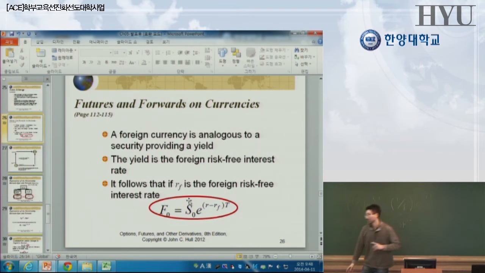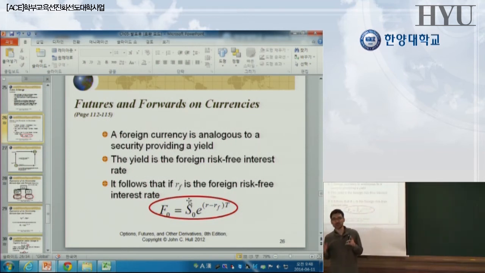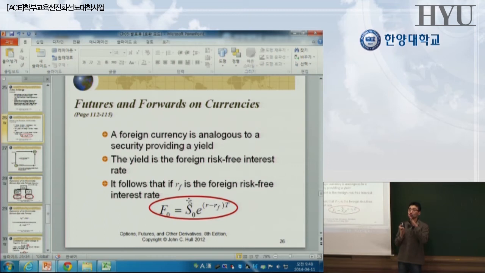So again, you shouldn't be confused. This F and S is not the usual way of quoting exchange rate. It's quoting exchange rate in which our target money is in the denominator. In the usual way of quoting exchange rate, dollar is usually the denominator, right? But in the previous example, our target currency is euro, so euro should be the denominator.